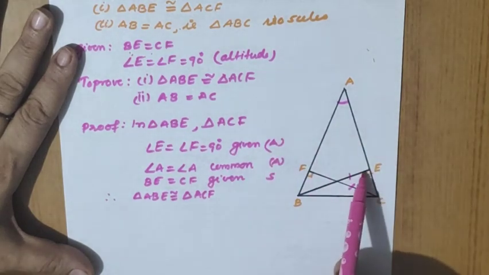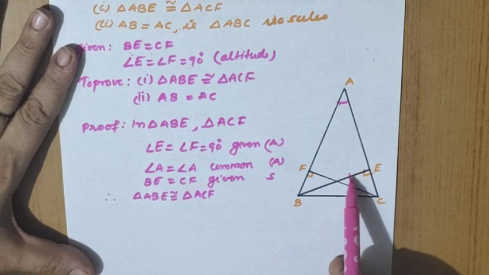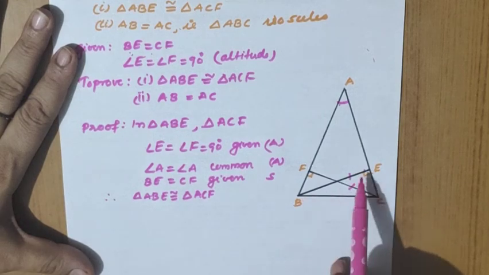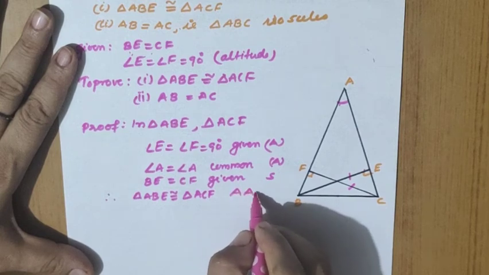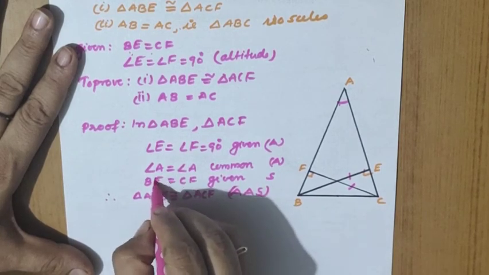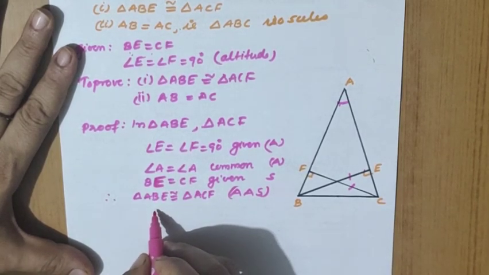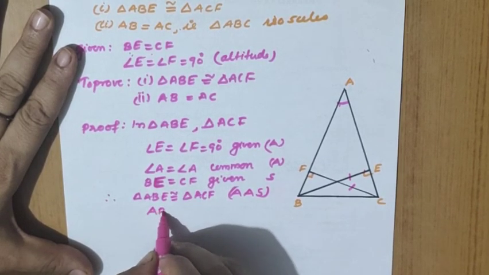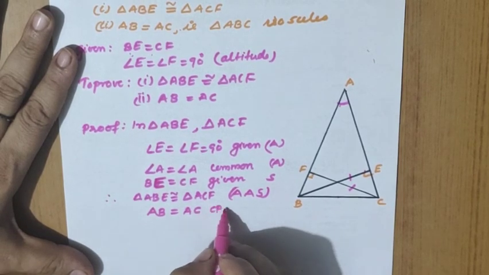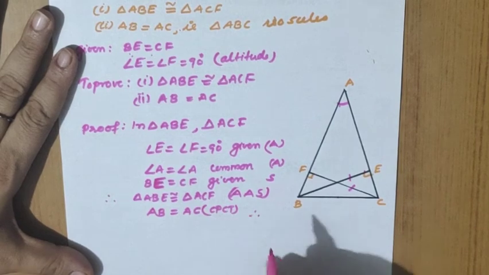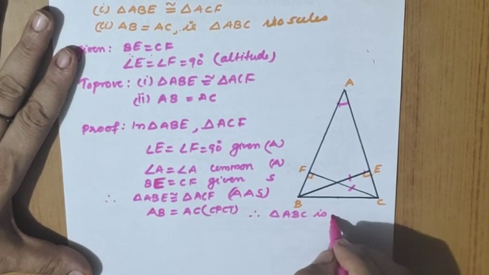E we have considered, that means angle A, this angle and this one. So BE is the side we have considered there. It is not included. So it is AAS. Right? So from this what can we write for AB? AB equal to AC by CPCT. Therefore triangle ABC is isosceles.